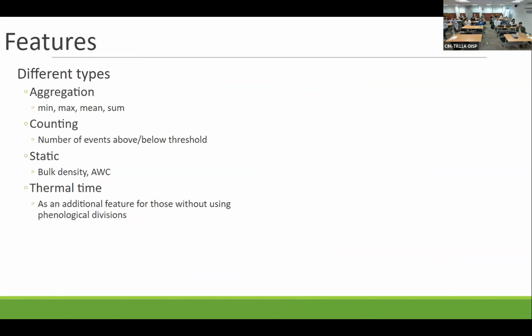We explored using the minimum value or maximum. For precipitation, using the cumulative value is relevant. Counting of events above or below some threshold. The static features, of course, are not relevant to this discussion. And we also added as an additional feature in some cases the calculated thermal time.